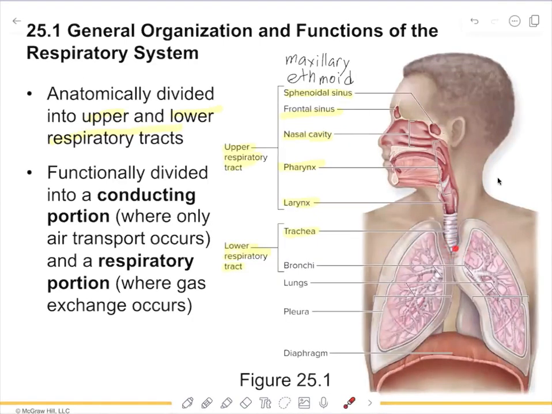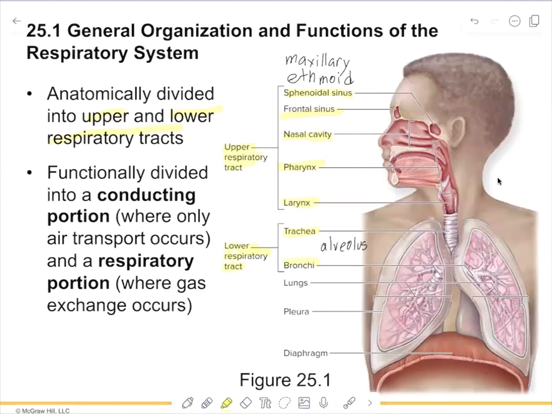Those large bronchi continue to split to become smaller and smaller tubes, eventually leading to bronchioles. Those bronchioles terminate with a region called the alveolus, and the alveolus is the site of gas exchange.